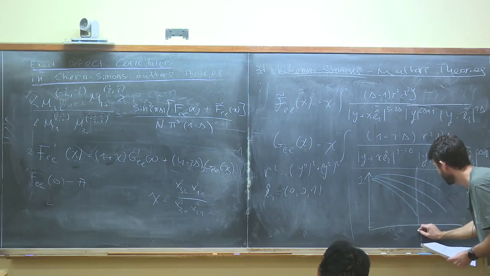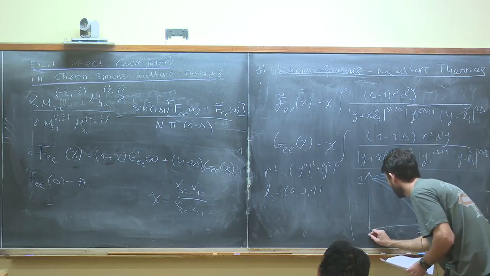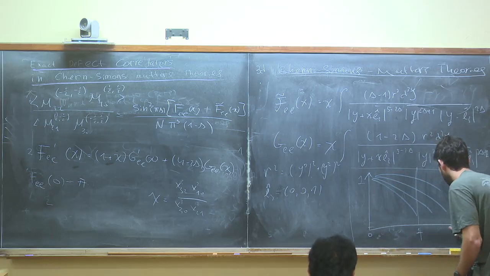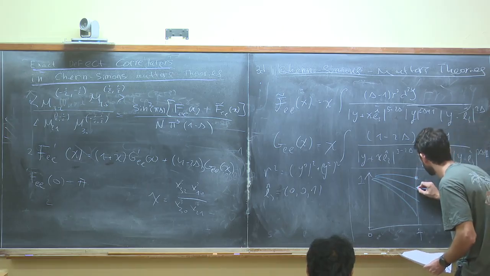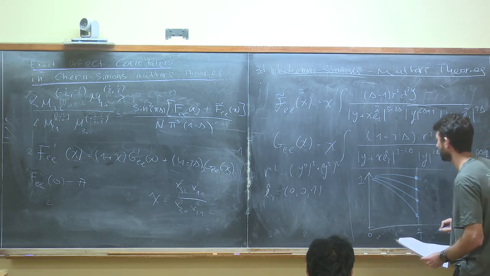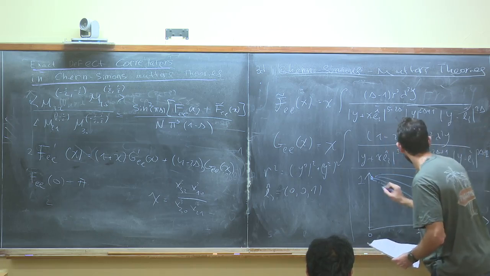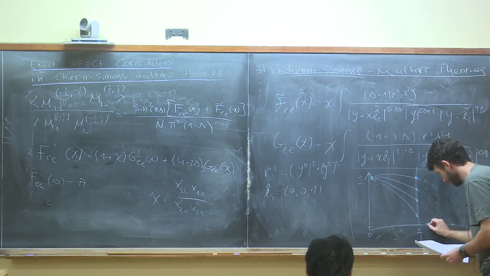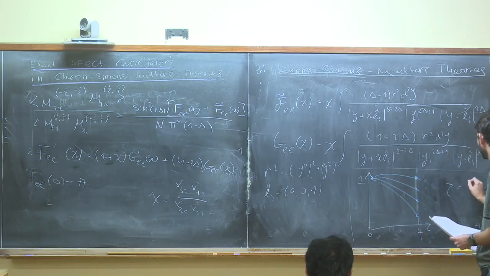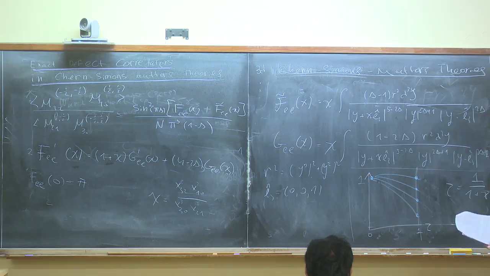This is 0, and they all start at 1. And I use here a parameter zeta, where zeta is 1 over 1 plus chi.